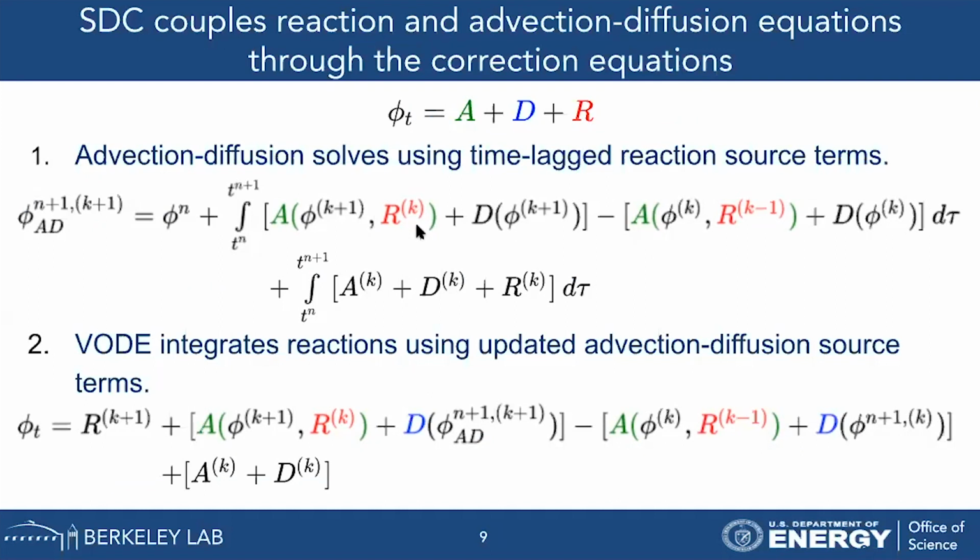And so that's the coupling in that particular step. Then for the second step, when you're integrating the reactions using VODE, you're using these updated advection-diffusion source terms. So here A is the exact same term that you had in the first step, and you're using that updated advection source term to evaluate the reaction terms.